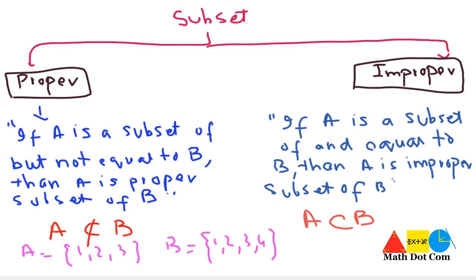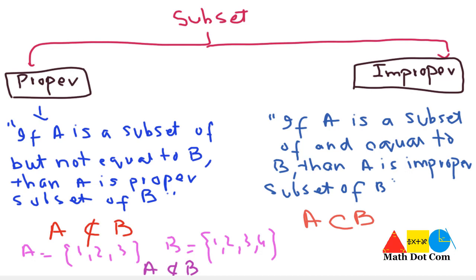A is a subset of B, yes, but not equal to B, because there are 3 elements in A and 4 elements in B. It means A is the proper subset of B here.